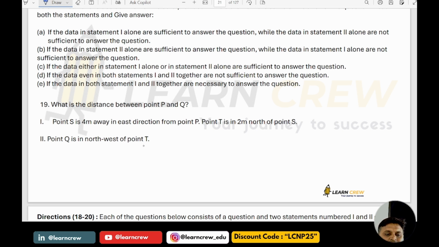Point S is 4 meters away in each direction from P. Point T is 2 meters north of S. Now point Q is northwest of T. So you cannot find the distance between P and Q with this data. Both 1 and 2 are not sufficient.